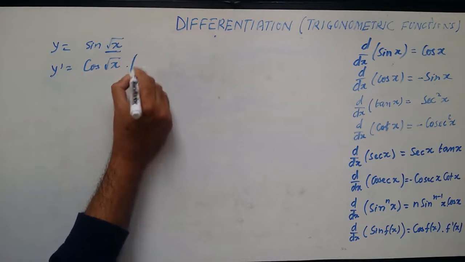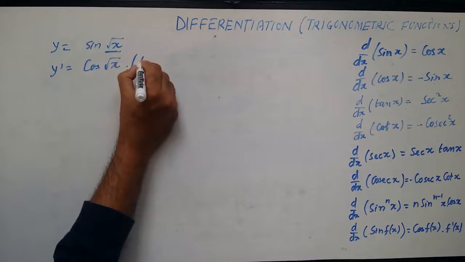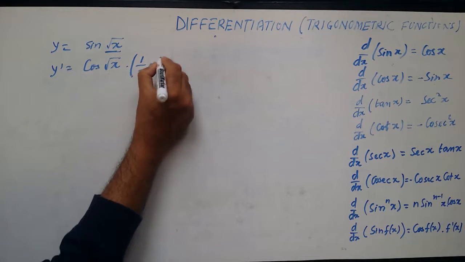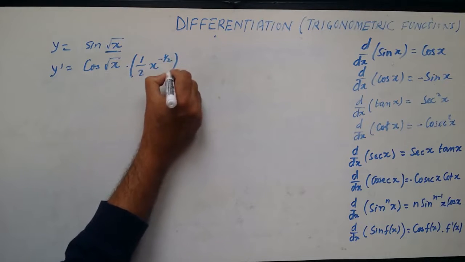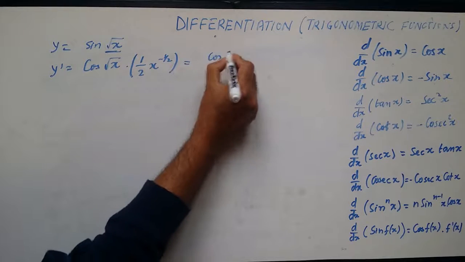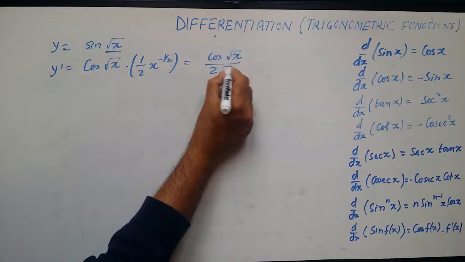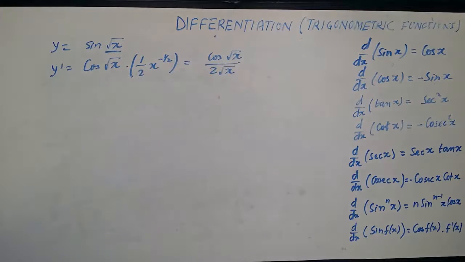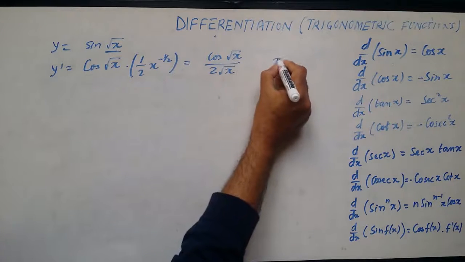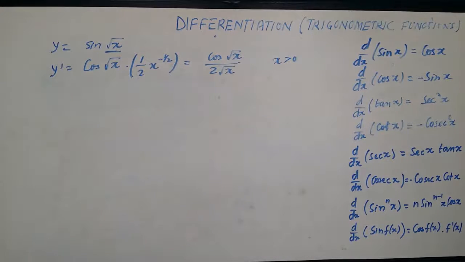The differential of root of x, this is x to the power half, so the differential is x to the power minus half, which is the same as writing cos of root of x upon 2 root of x, where x has to be greater than 0.